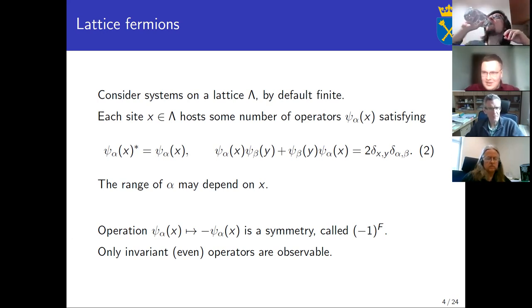As far as I know, there is no process in nature which violates this symmetry. So the class of models that I'm talking about doesn't need to have any conserved number of fermions, for example a number of particles operator, but there is a conserved number of particles mod 2.